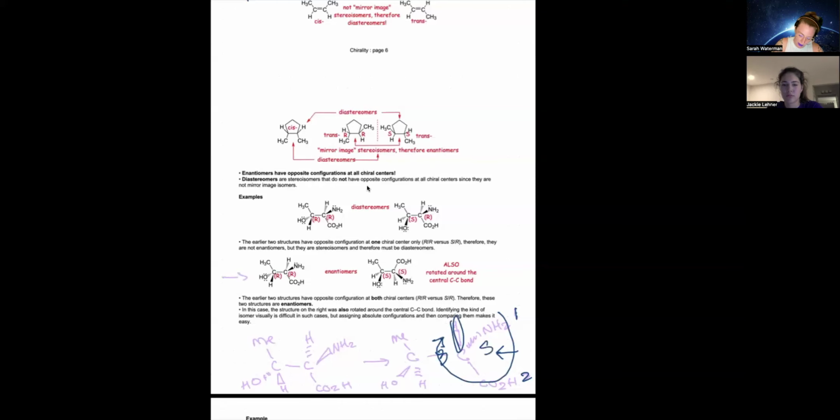So then this would be S, and then this is also S because it's 1, 2, no, the other way. Carbon, wouldn't this be 2 though? Because this is carbon, carbon, and this would be 3?